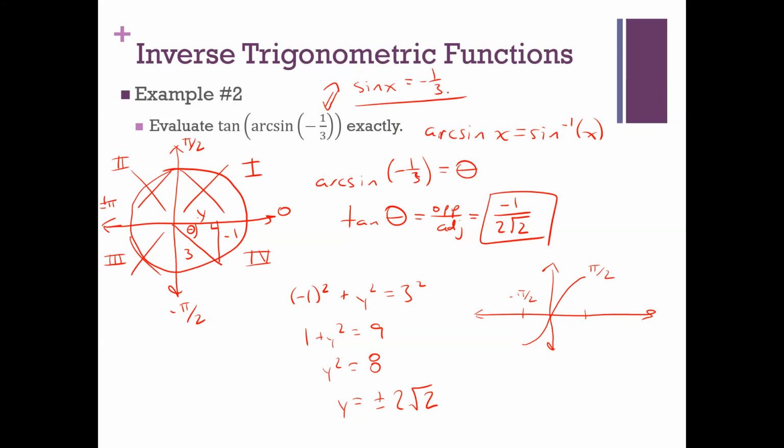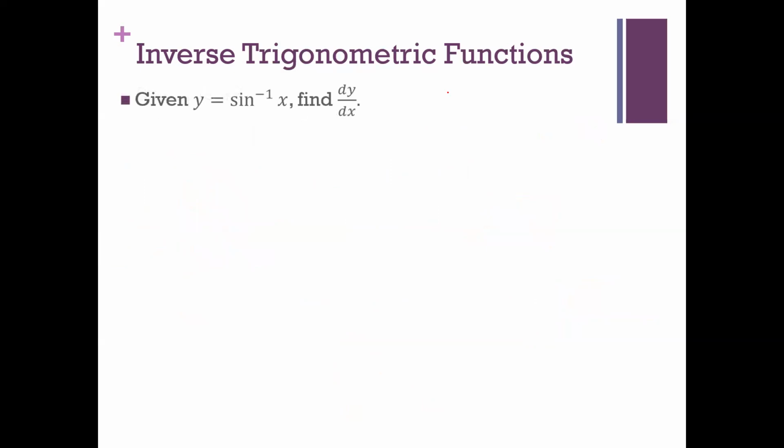All right, so let's get into this derivative. Given that y is equal to the inverse sine of x, I want to find dy dx. I could go to the difference quotient, but I'm not going to do that here. One thing I'm going to remind you about inverse functions is this.